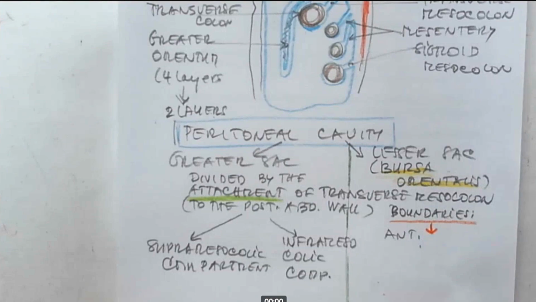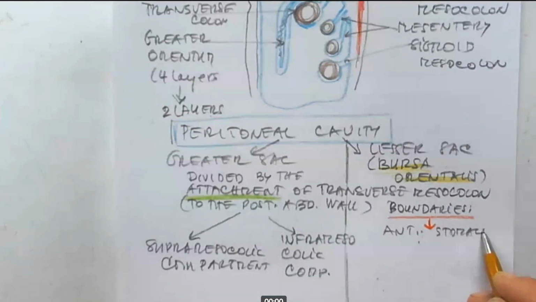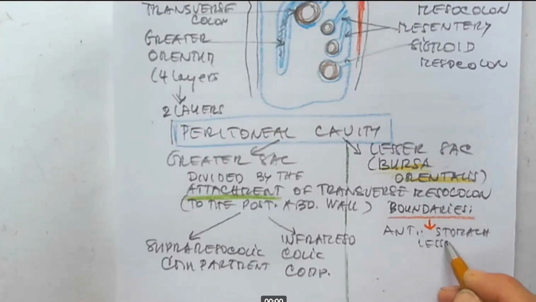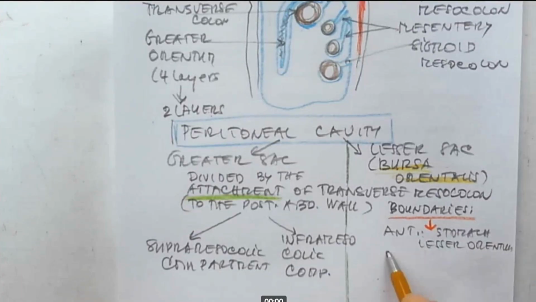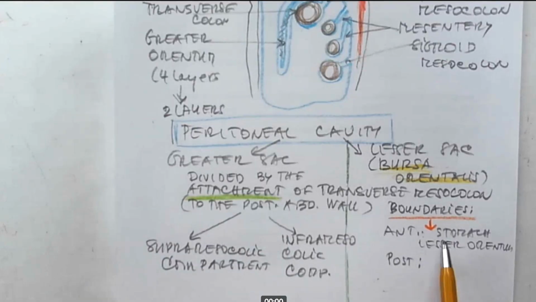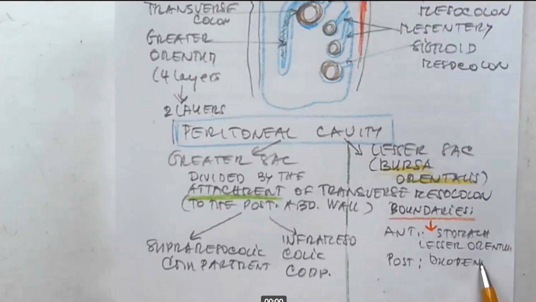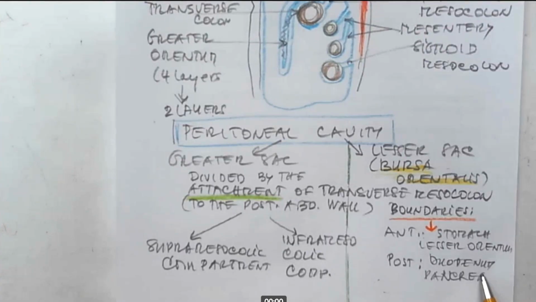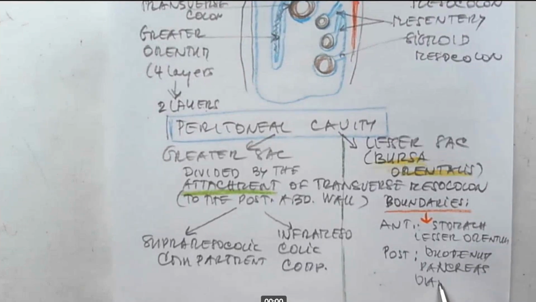Here we have anteriorly the stomach, gaster, and the lesser omentum. The lesser omentum is quite clear from the drawing. Posteriorly it is bounded by the duodenum and pancreas, covered by peritoneum, logically, and the diaphragm also.